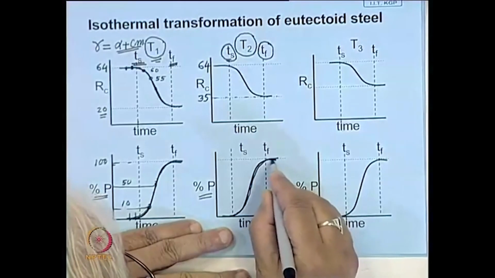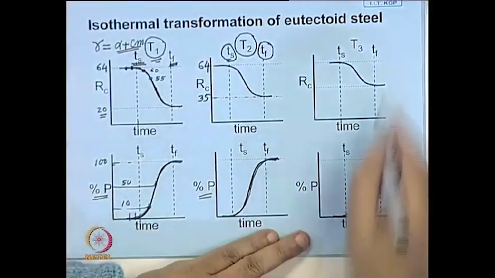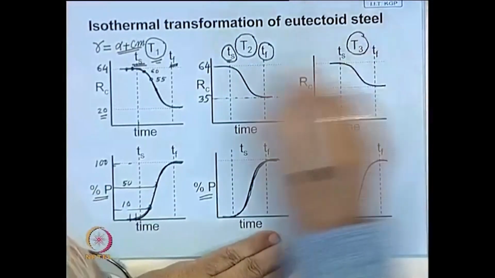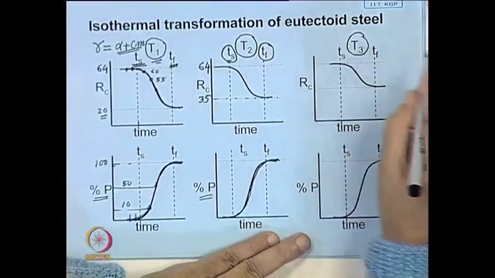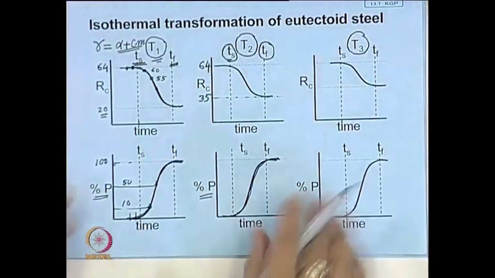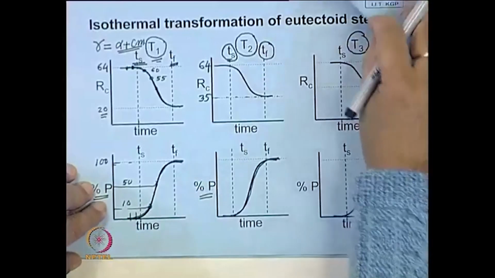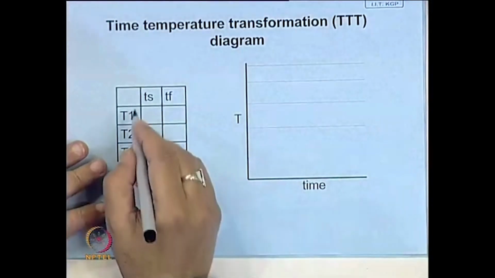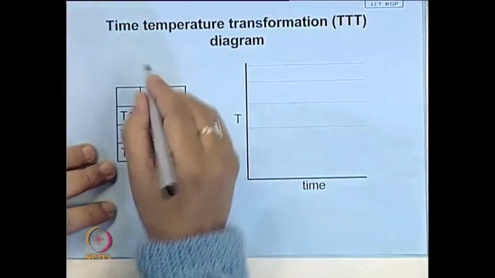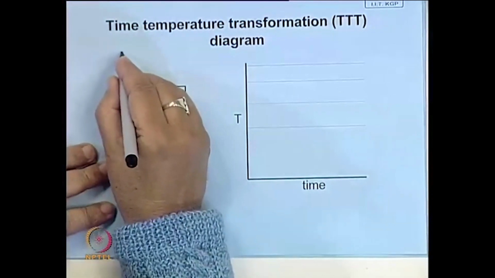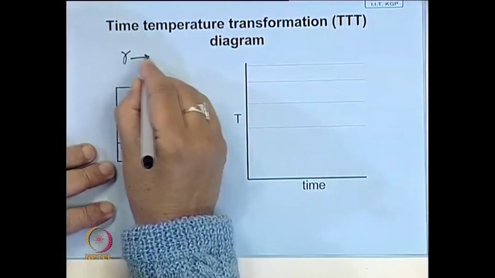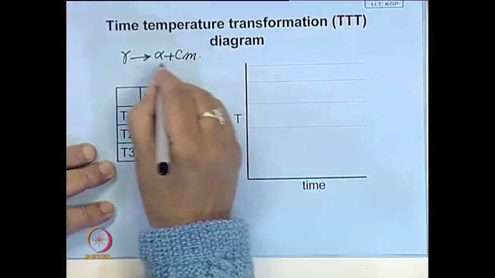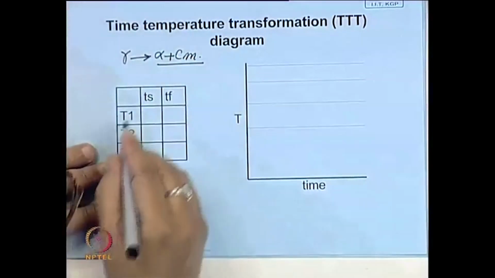Do the same at another temperature, and repeat this for a number of temperatures T1, T2, T3, T4 and so on. And then what do you do? You compile a table. If you compile a table at different temperatures, that is how austenite decomposes into a mixture of ferrite and cementite.